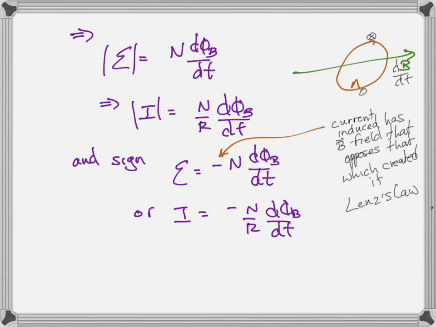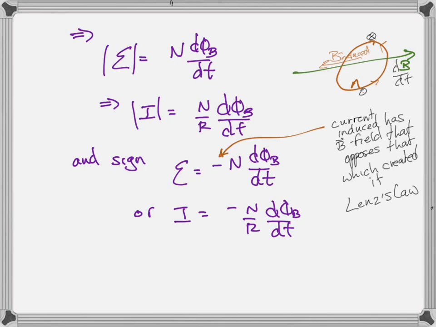And so that current would have a magnetic field that points to the left. So the induced field, due to the induced current, points to the left. I will say that comes out of the page in the bottom and into the page at the top. Okay, trying to draw that in 3 dimensions is a little bit difficult.